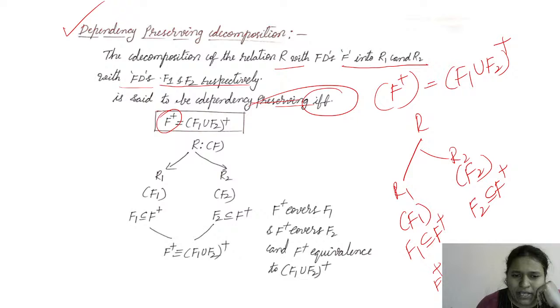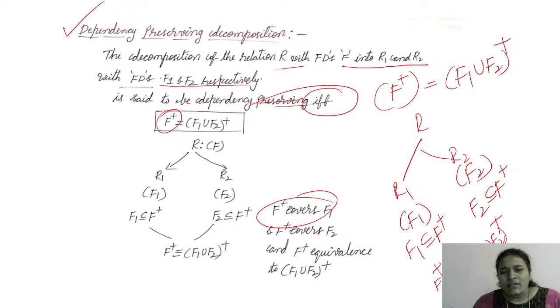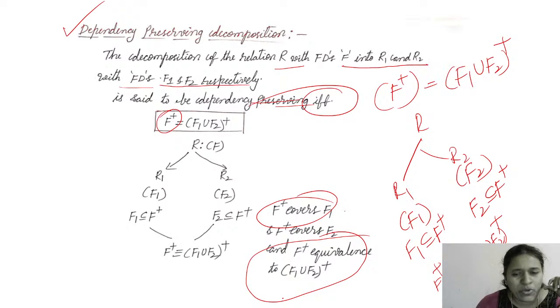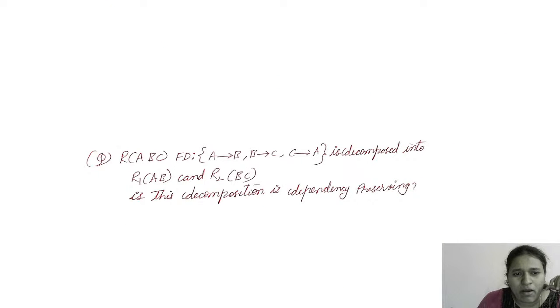That means F plus is equivalent to F1 union F2 plus. What is the meaning of this? F plus covers F1 and F plus covers F2, and F plus is equivalent to F1 union F2 plus. We will see with an example now.